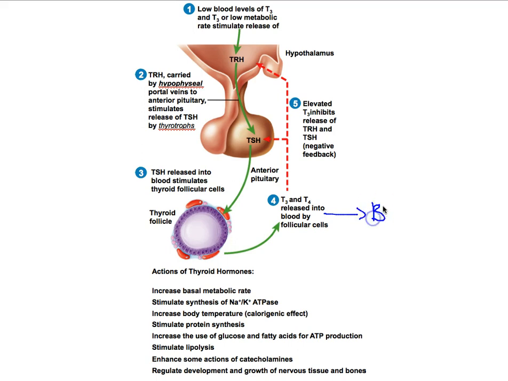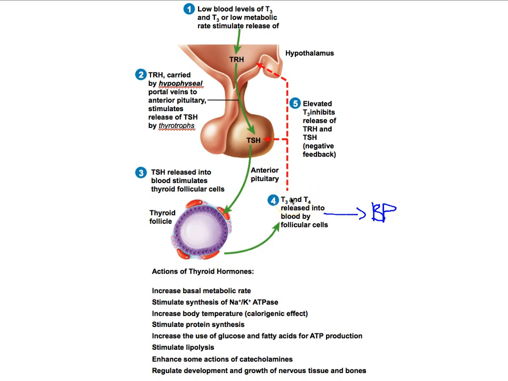A binding protein is going to be required for T3 and T4 to actually be soluble inside your bloodstream. So we would say that T3 and T4 are lipid soluble, but they're not lipids. In fact, they're made from an amino acid, tyrosine, that is restructured. And what's going to happen is we're going to iodinate it.